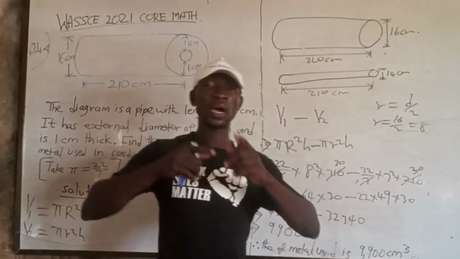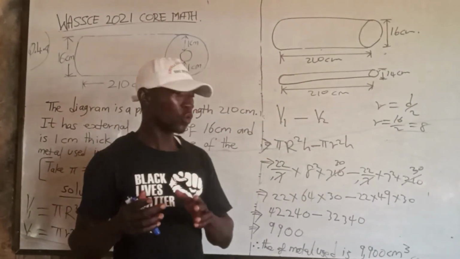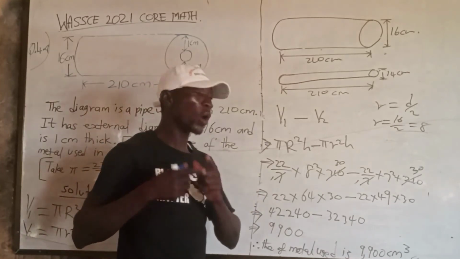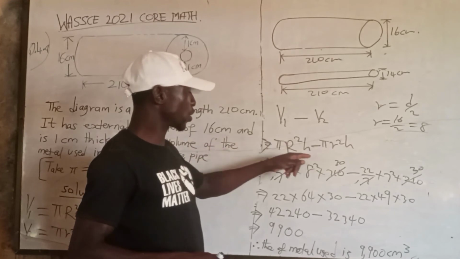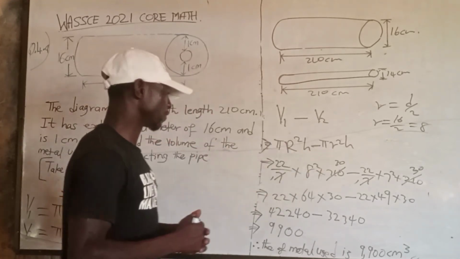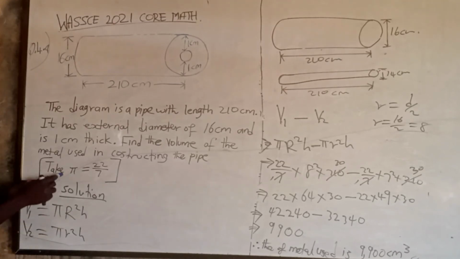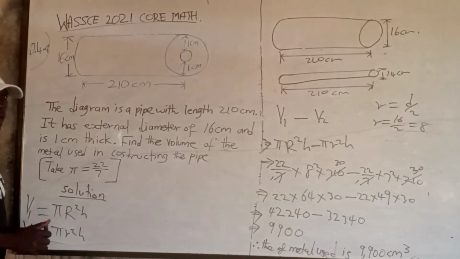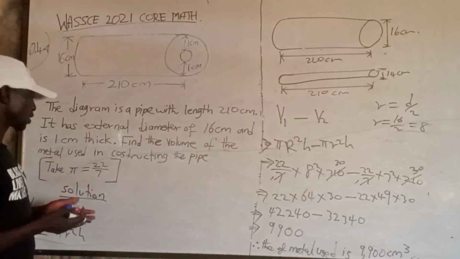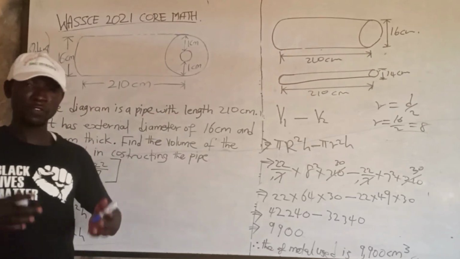And guys, we are coming up with a video on how to prove that pi is equal to 22/7, which in decimals is 3.142.